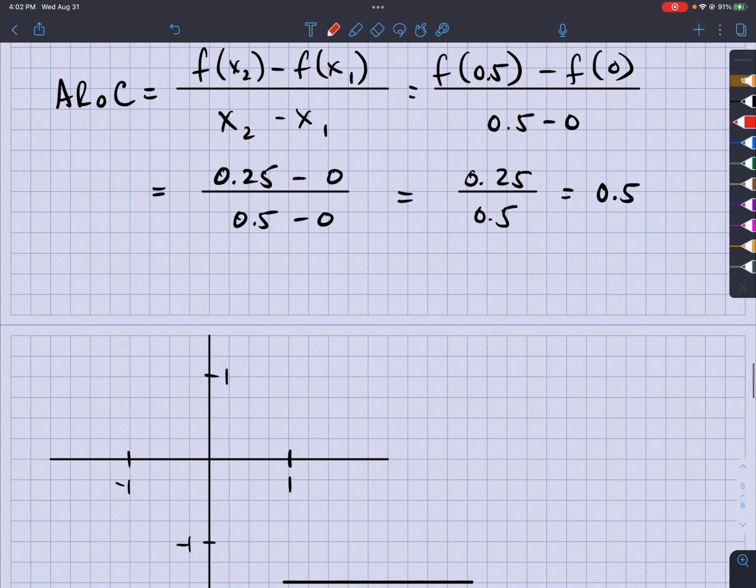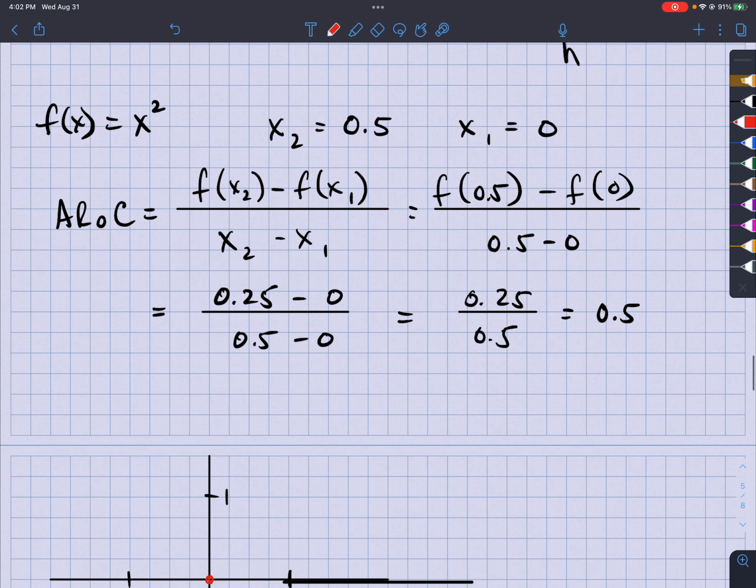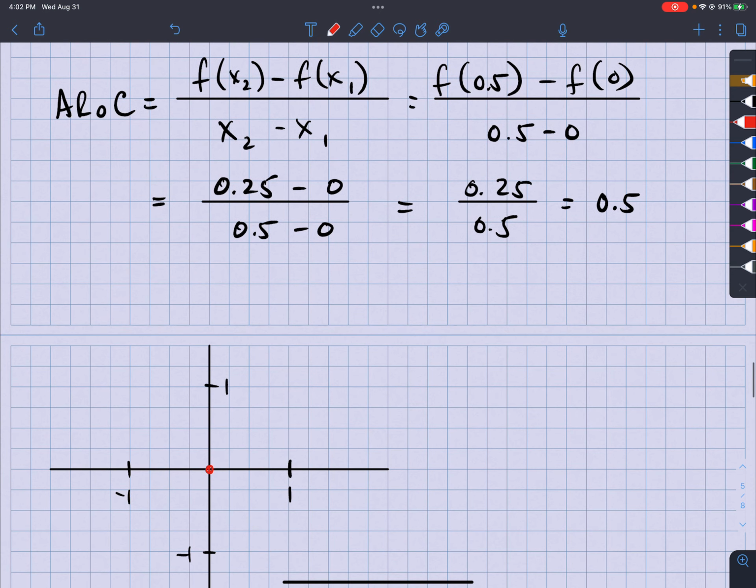Okay, so I got this 0, 0, right? And then I have 0.5 is 1/4. That means negative 0.5 is going to be 1/4.